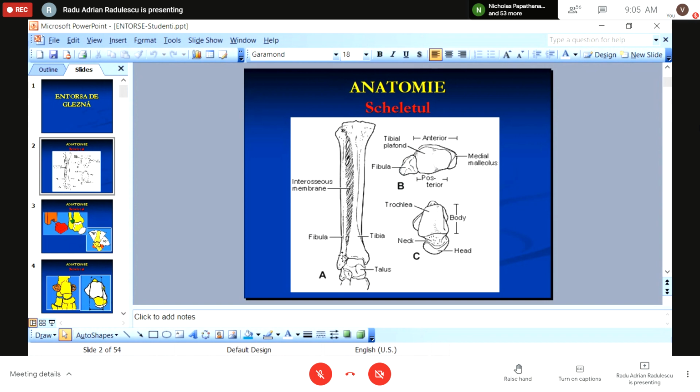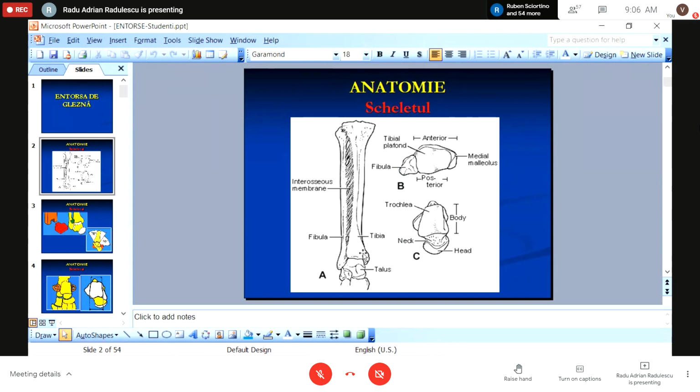So these two together, they have the medial malleolus. Here we see the medial part of the tibia, and the distal epiphysis of the fibula is called the lateral or the fibular malleolus. And in between them, there is the distal part of the epiphysis of the tibia, which is considered the roof of the ankle joint.